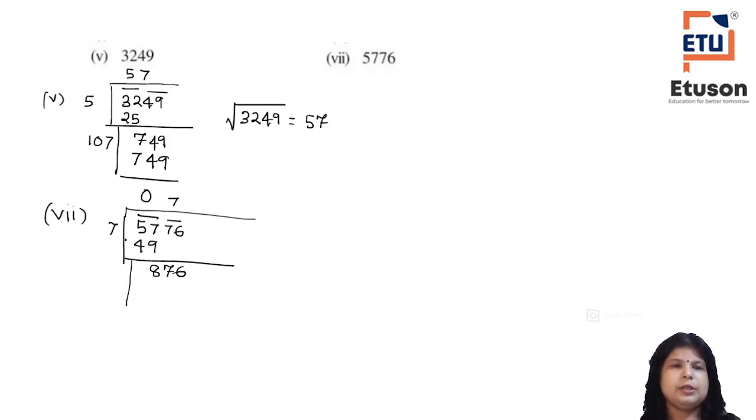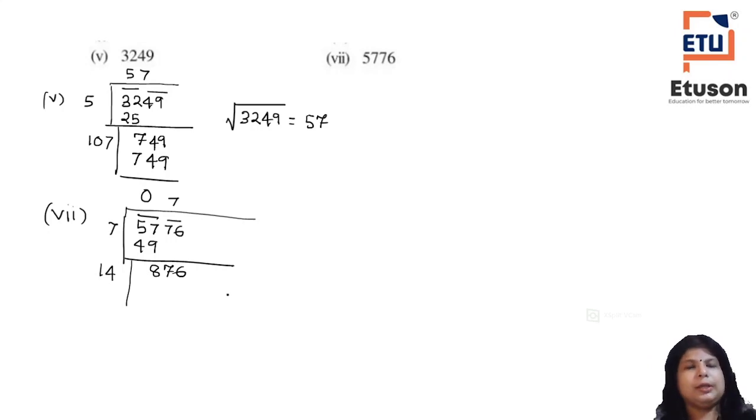Then bring down 76, so 876. Now 7 into 2, that is 14. Right. So now I can put the number in such a way that when multiplied with the new divisor it will give you a number less than or equal to 876. As we know, if at the units place you have 6, either you can put 4 or you can try with 6.